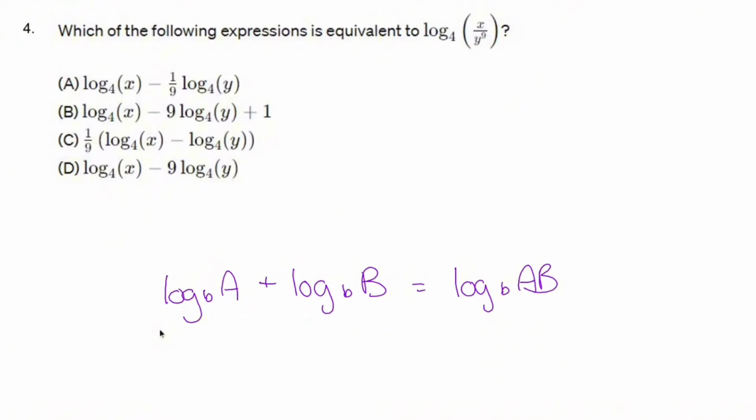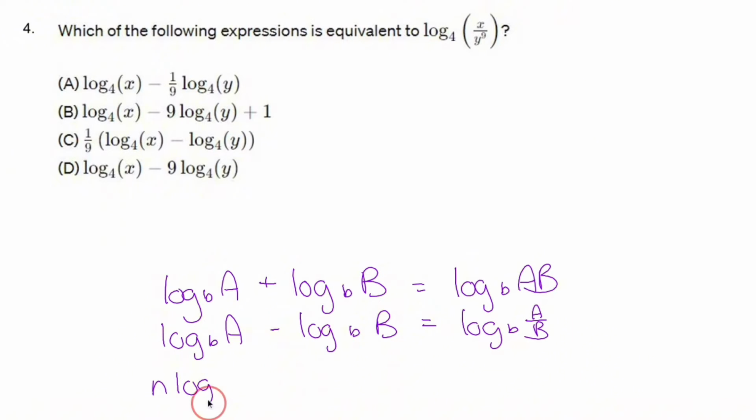If we have log base b of big A minus log base b of big B, we combine those through division, so A over B. And if we have something like n log base b of big A, we can bring that n up here and make that log base b of A to the n. Your teacher probably used different letters, but it's the same idea.